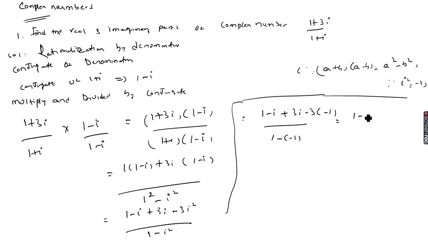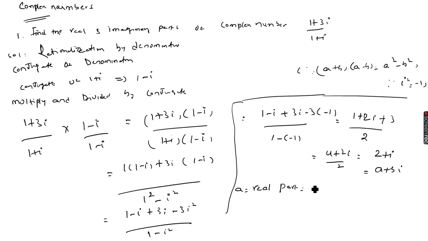We get 1 plus 2i plus 3 by 2. So we get (4 plus 2i) by 2, that is nothing but 2 plus i, and this is compared to a plus bi, where a is the real part, that is 2, and b is the imaginary part, that is equal to 1.